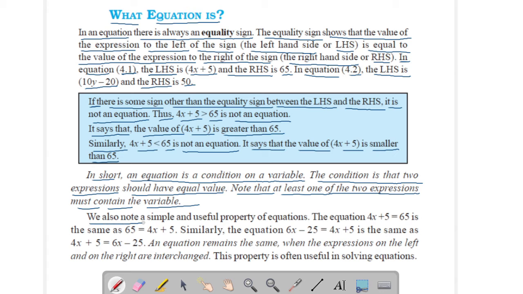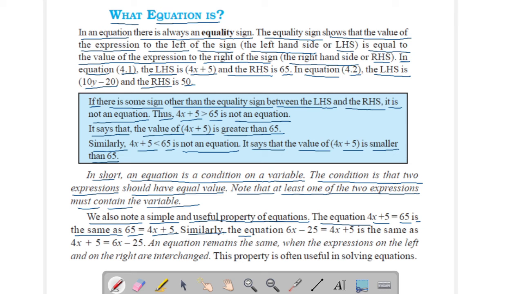We also note a simple and useful property of equations. The equation 4x plus 5 equal to 65 is the same as 65 equal to 4x plus 5.